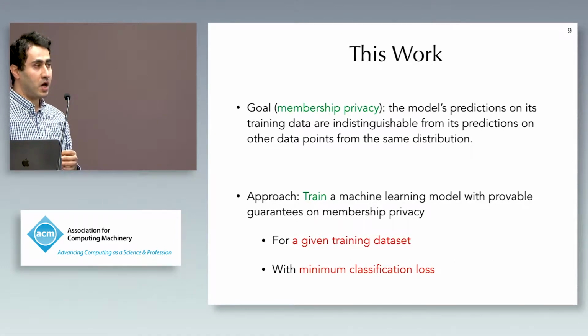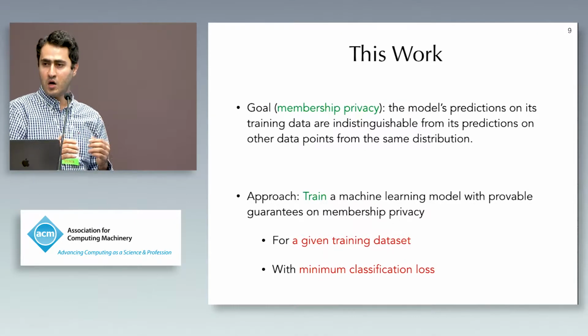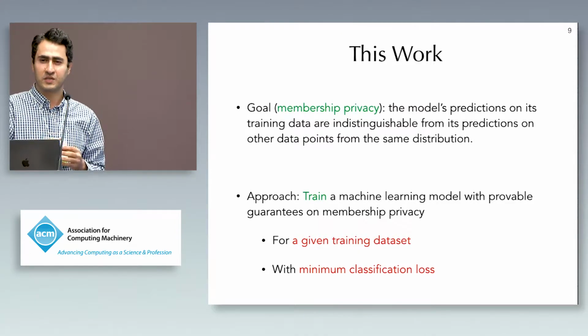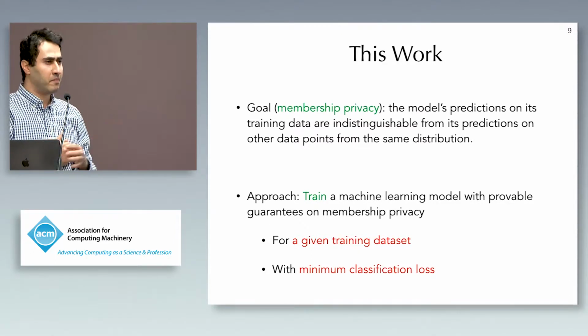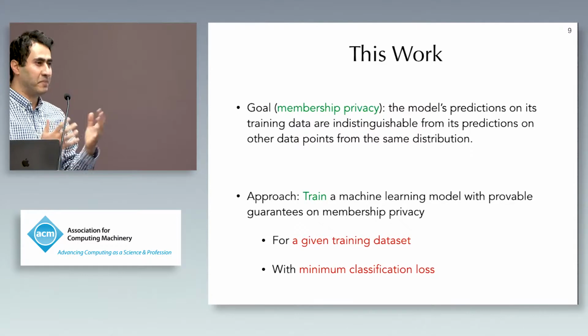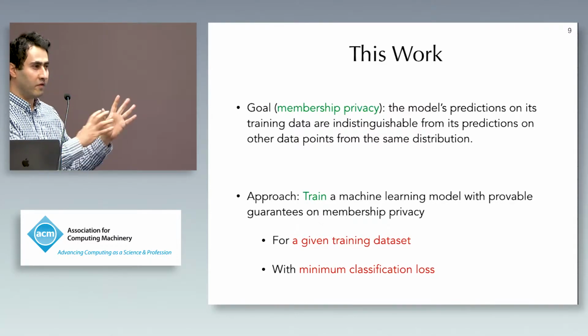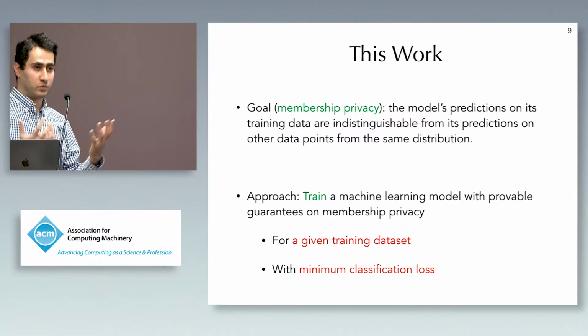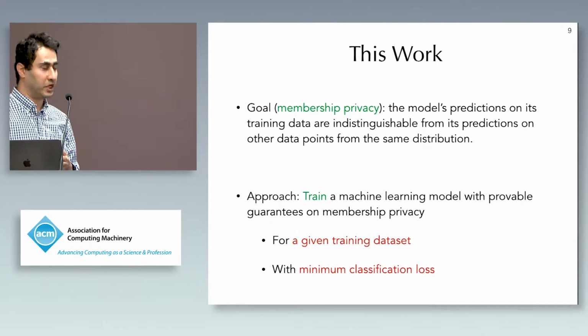And we do this in a way that also provides the best utility for the application, right? So we solve an optimization problem that not only defeats the membership inference attack, but also provides the best utility for the underlying machine learning application.